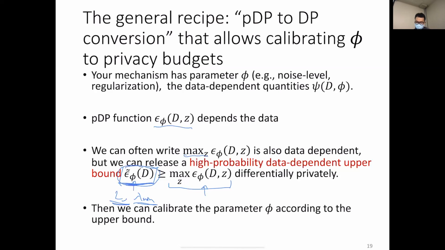Once these two are there, we can choose this lambda and gamma parameter in any way we want, and that will allow us to calibrate noise to a predefined privacy budget. You can think about this as a generalization of the approach of privately releasing the local sensitivity. Instead of privately releasing the local sensitivity, now we are privately releasing a data dependent upper bound that we can substitute any parameter phi into.